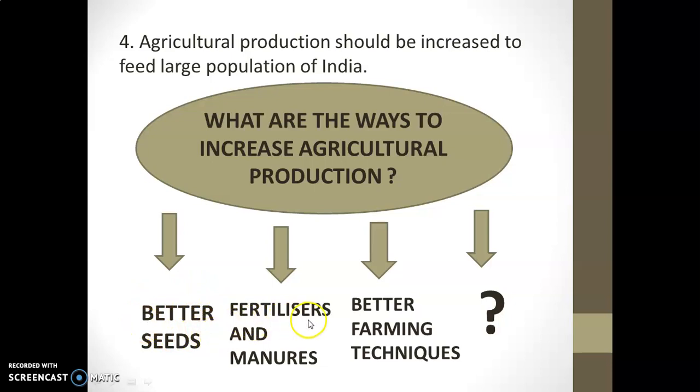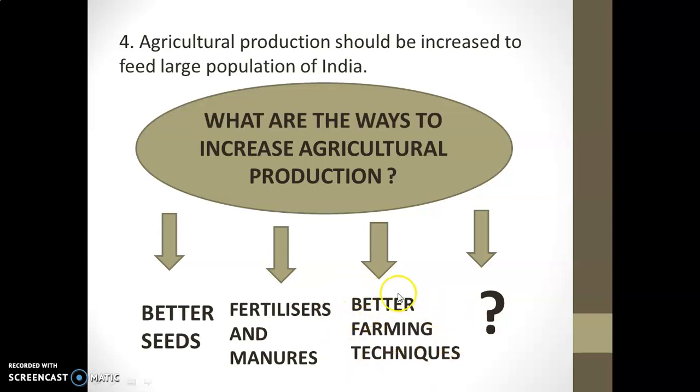Next is fertilizers and manure. The right amount of fertilizer and manure is also essential for agricultural production. And third is better farming techniques. Better farming techniques, we can say here crop rotation or multiple cropping.